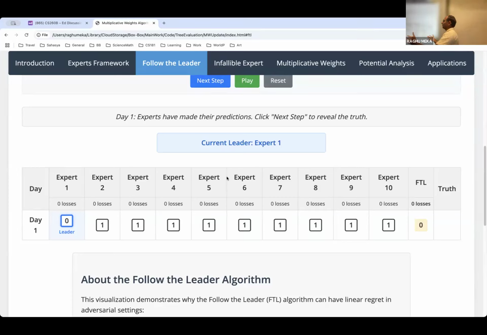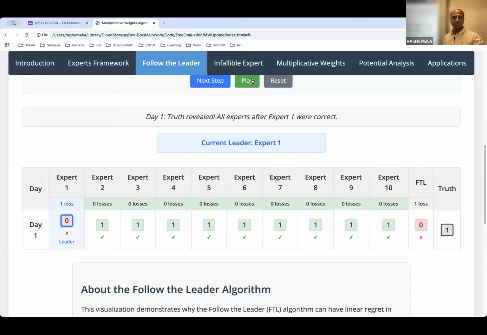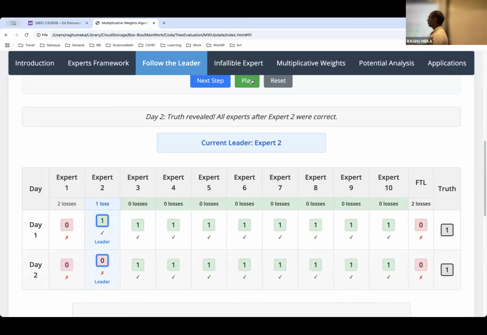So for example, let's say we have 10 experts, and so far all of the experts have 0 losses. And if the experts have the same loss, you pick the first expert, whatever ordering that you have, right? And say play. So on the first day, the first expert makes a mistake. So we decide to follow expert 2.